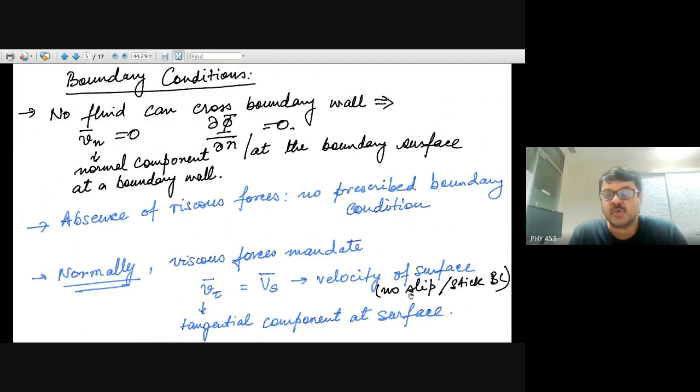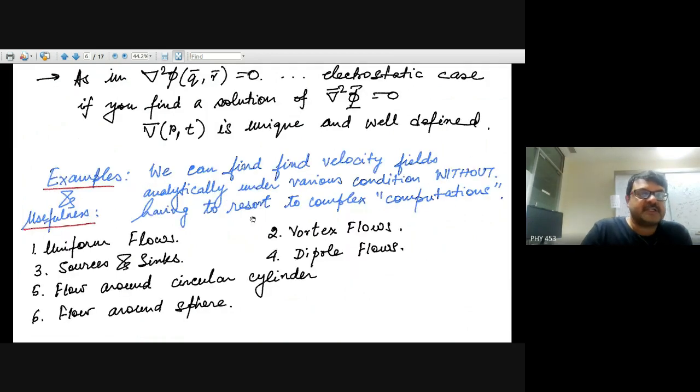That means in the no slip or the stick boundary condition, the tangential velocity of the fluid is equal to the velocity of the surface. That's the so-called no slip or stick boundary condition, because the fluid is sticking and moving along with the surface. So that's what happens when there are viscous forces. But in the absence of viscous forces, we have to adjust, and depending upon the situation, we'll take care of it. Okay, so these are the boundary conditions.